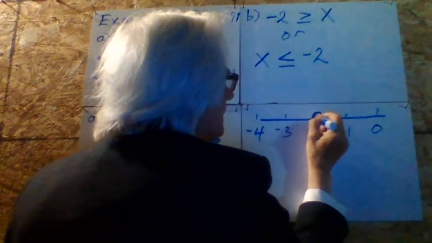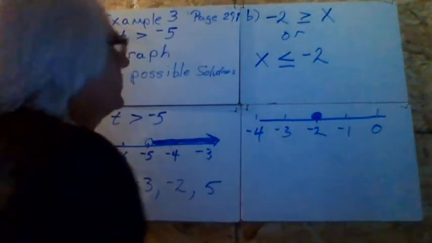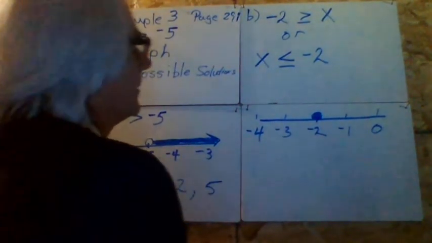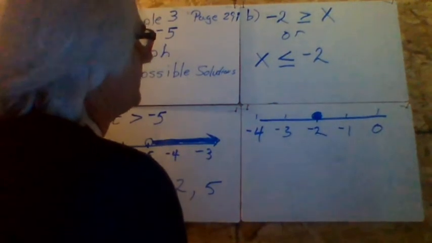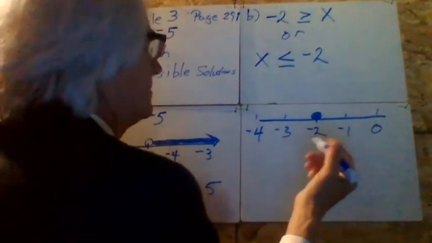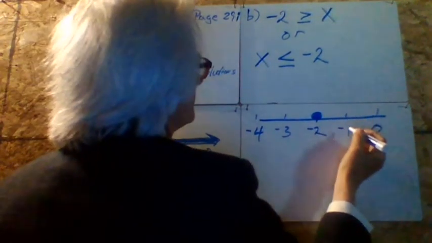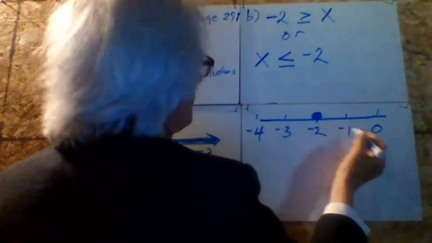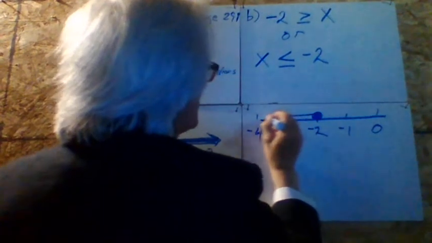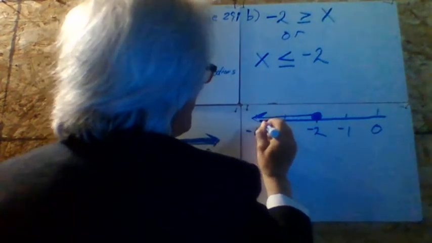It gets colored in. So negative 2 will be greater than x. So negative 2 must be greater than x. So that means that my x will go this way.